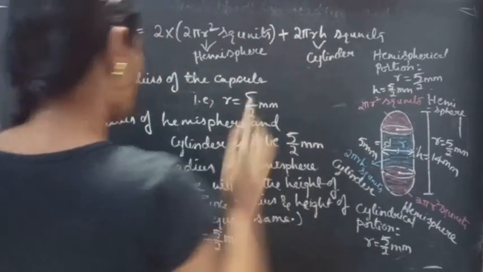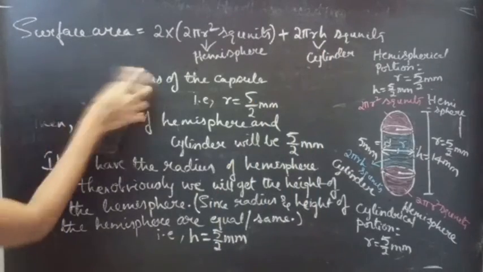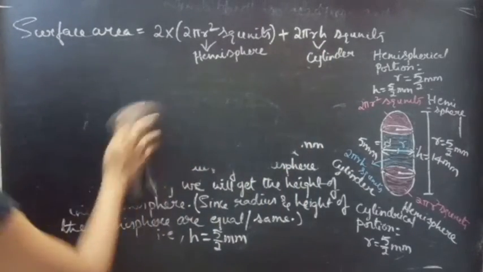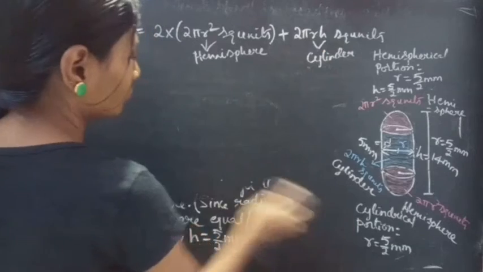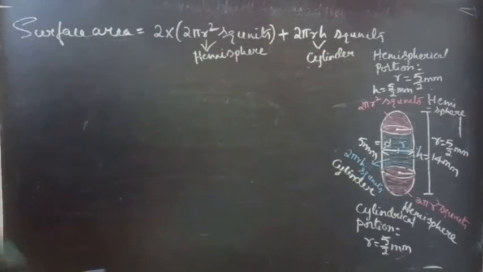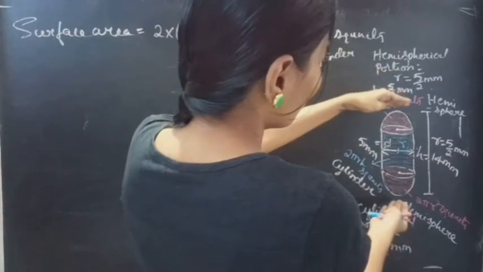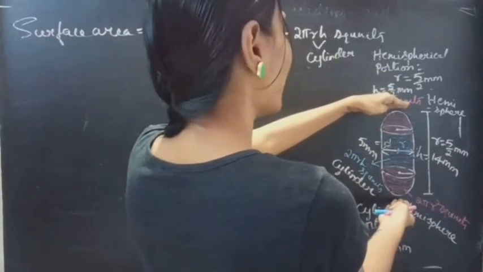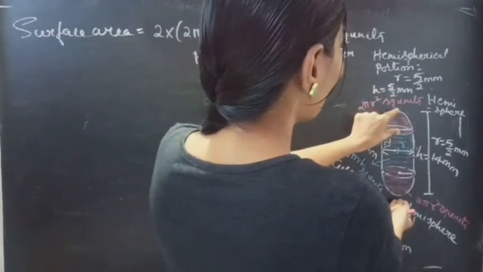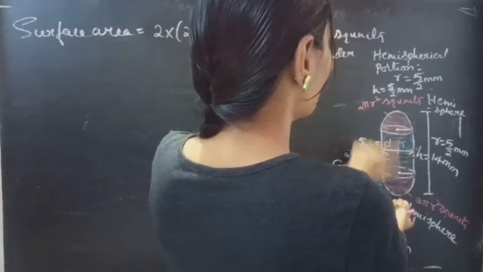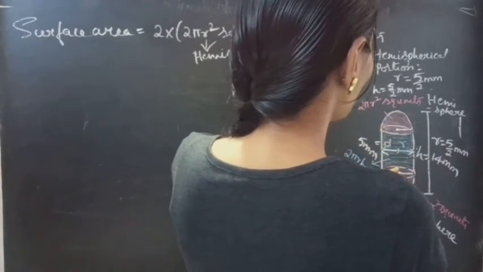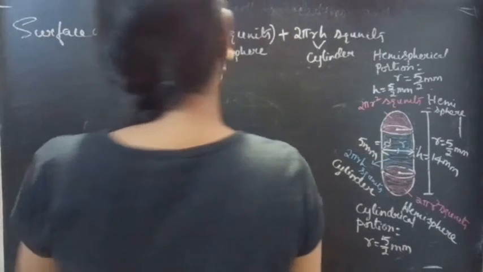The height of the cylinder. Height of the cylinder equals total height minus height of hemisphere minus height of the other hemisphere.